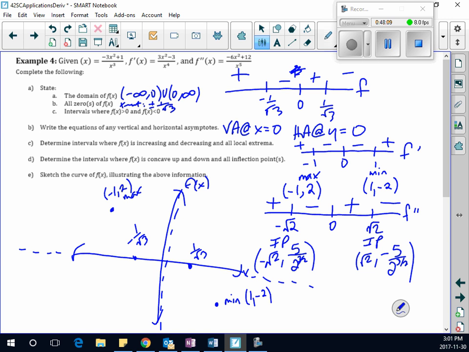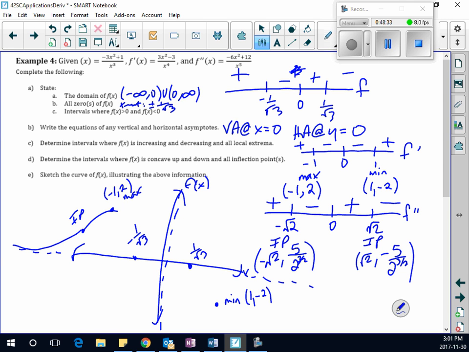And then it's increasing to negative 1. And it's concave. Oh, I need to put that inflection point in. So that would be, say, here. So it's concave, then it goes like this. So here's my first inflection point.